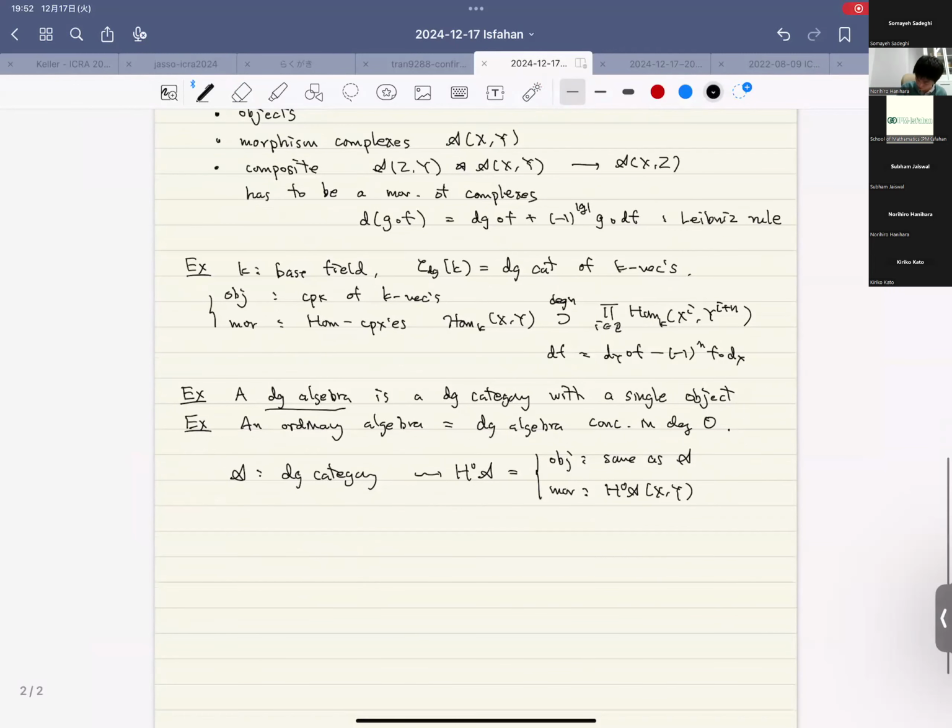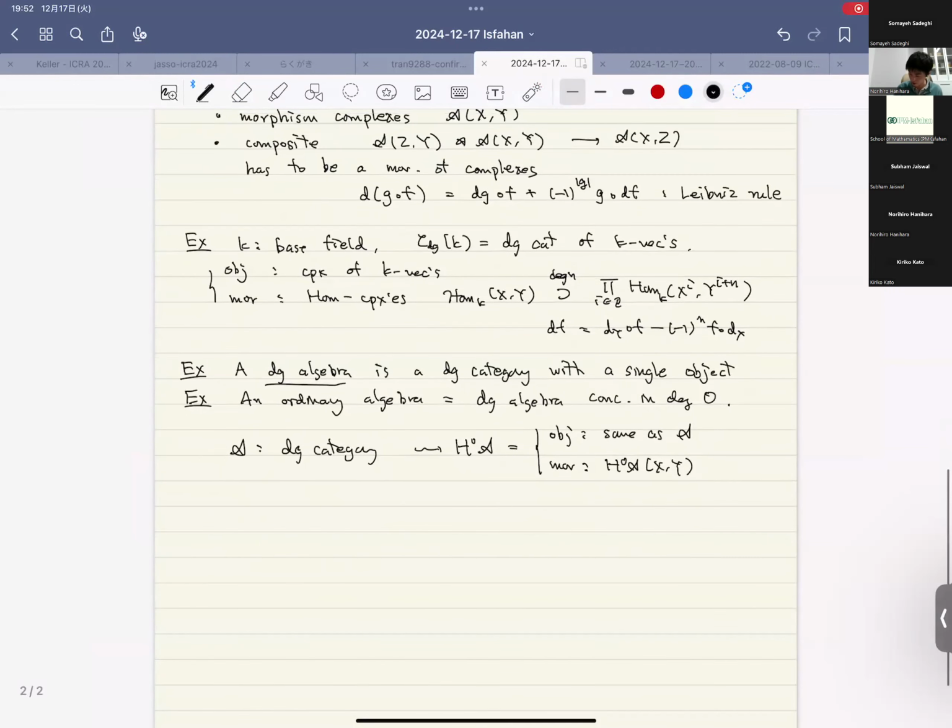For example, let's consider a finite dimensional algebra. It doesn't have to be finite dimensional; let's say a Noetherian ring A.